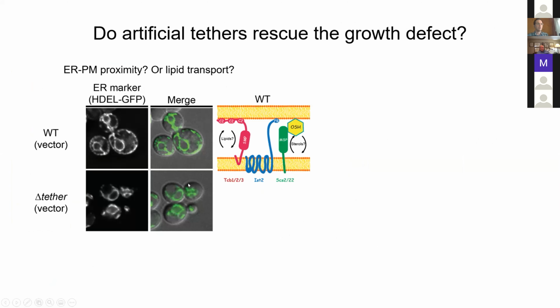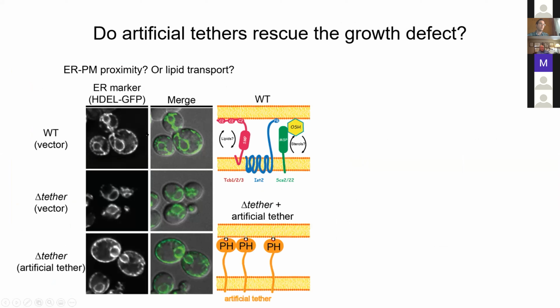Then finally, I wanted to test whether or not artificial tethers could rescue the growth defect seen in the delta tether SNF7 strain background. So I found that expressing these artificial tethers, which are ER membrane proteins that have PH domains that interact with PIPs on the plasma membrane, does in fact rescue the ER morphology in the delta tether SNF7 strain. But I wanted to test whether or not it also rescued the growth defect.